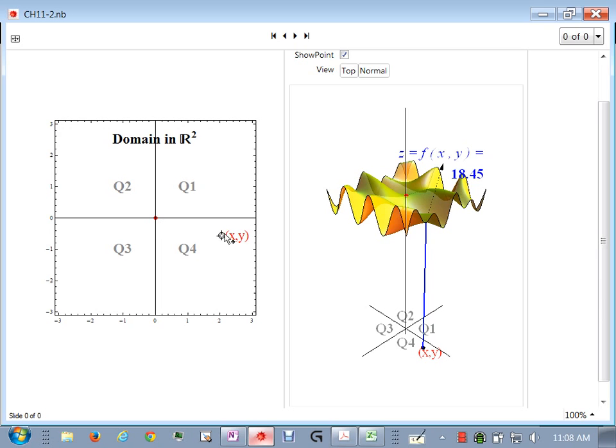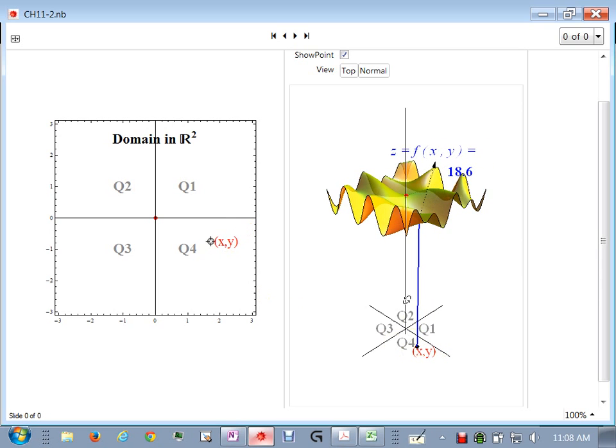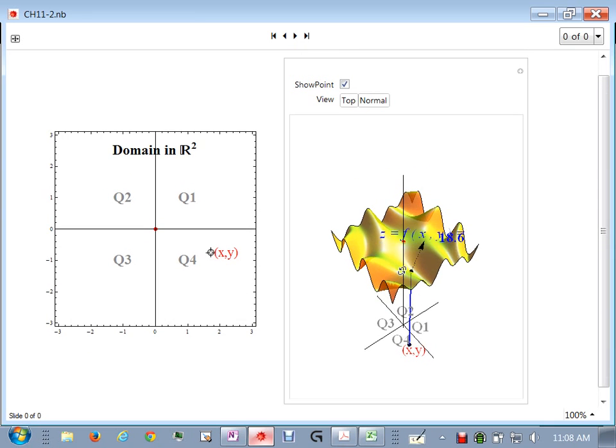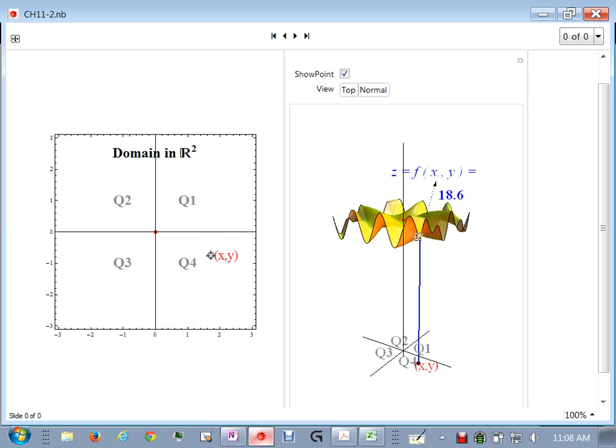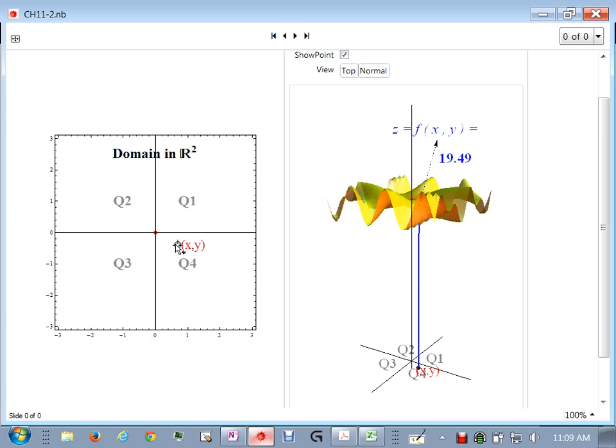I have this little pointer over here where I can drag around, and notice it drags it over here, and it gives us the function's value. You can't really see it. There it is. See the point right there on the surface? The value right now is 18.6.